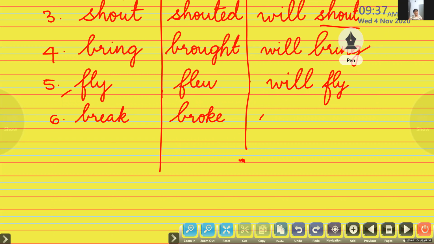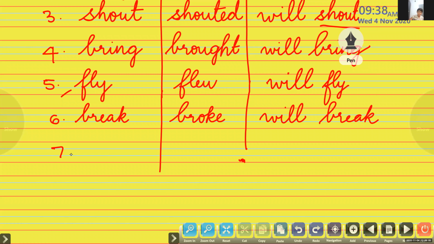And here it is will break. Fly, flew. Break, broke. This is like tables, children. You have to learn it by heart. The past tense form of fly is flew. The past tense form of break is broke.